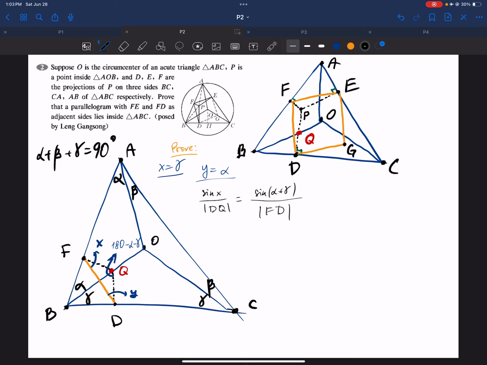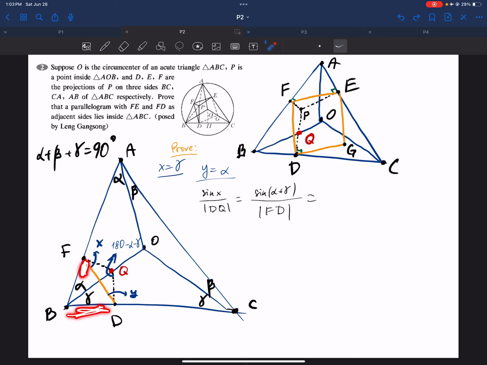But now I may use the sine theorem for this triangle, because now this one is also this angle. So sine of this angle over FD equals sine of this angle divided by BD.